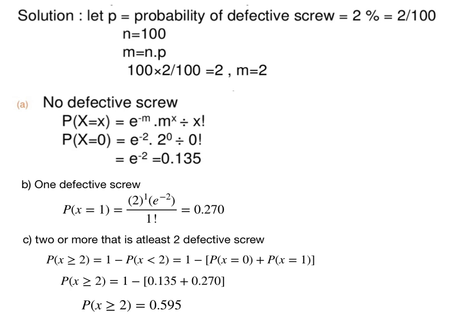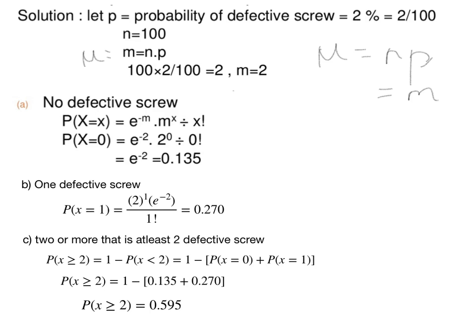We know the mean of the binomial distribution is given by mu is equal to n into p, and in the Poisson distribution, the mean is m. So we use the relation of the binomial distribution: mu is equal to m is equal to n into p. p is 2 by 100 and n has been given as 100.